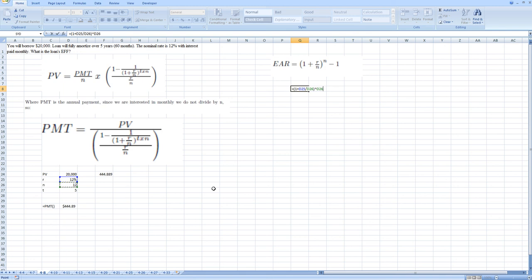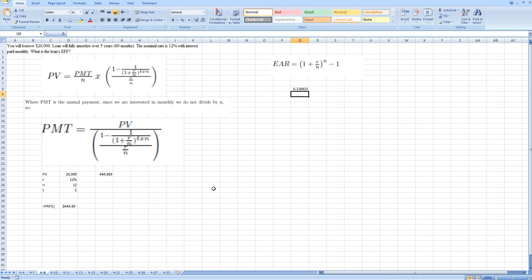That is, so we're capturing the number of periods in the year, which is 12, and then we'll subtract 1. So we should expect a value just slightly higher than 12% because the compounding is monthly, so it shouldn't be all that large, but it should definitely be larger than 12%.